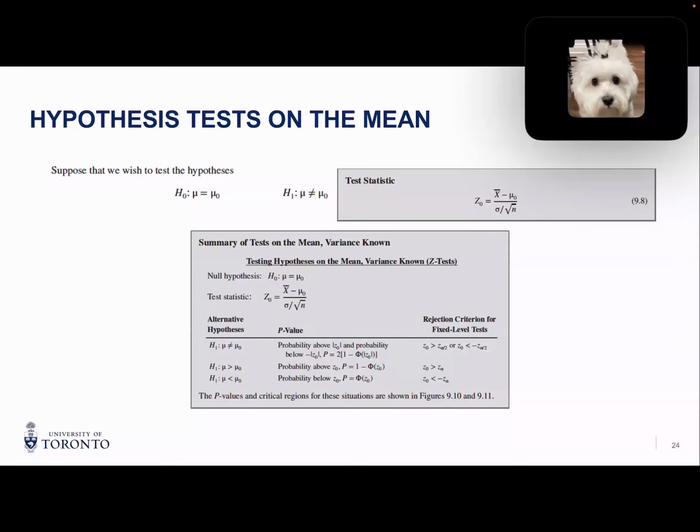And so my test statistic is Z. I normalize or standardize using that formula. My null hypothesis is mu equals mu0. I have a test statistic, which is how much different is my sample mean from my population mean, or my proposed population mean.